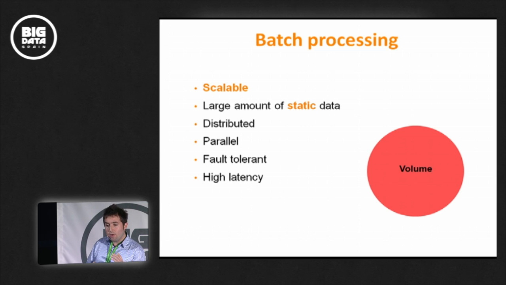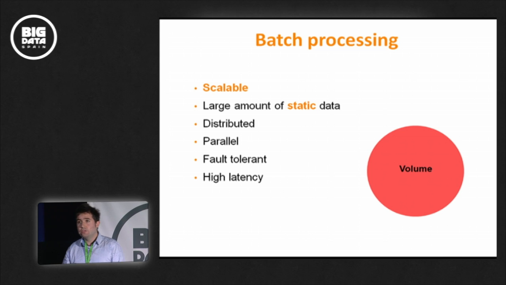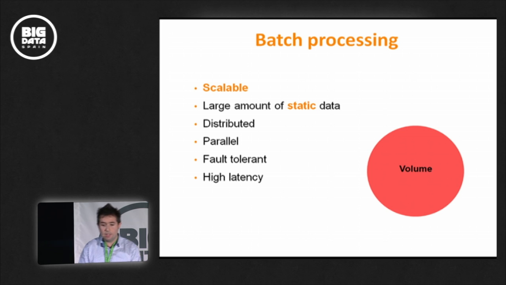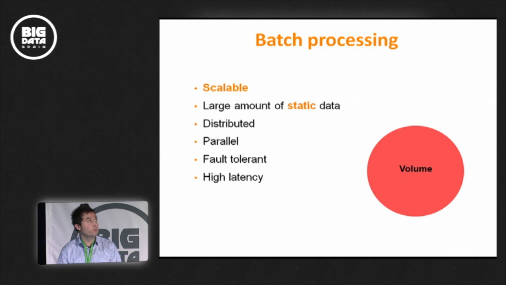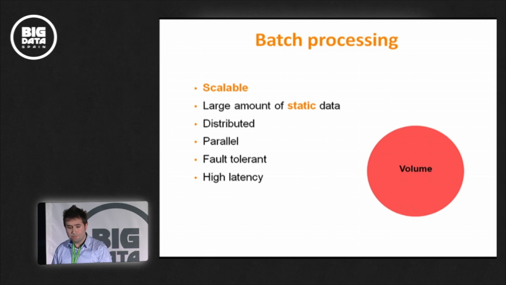So the main goal of a batch processing system is scalability. If your data set grows, your software solution has to get bigger. So in order to achieve this scalability, the batch processing system uses a parallel distributed approach. Probably all of you know Hadoop. That is the standard technology for batch processing.